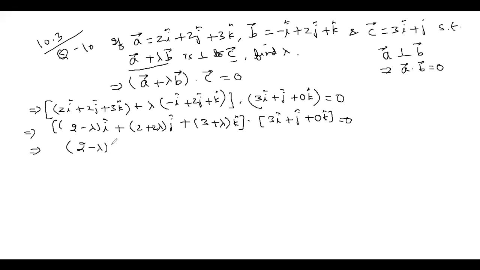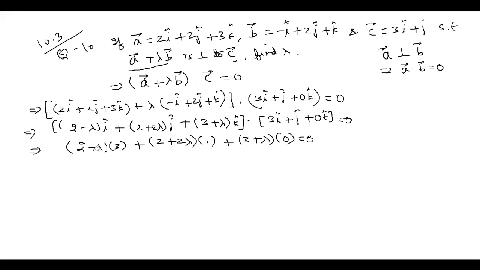So 2 minus lambda into 3, plus 2 plus 2 lambda into 1, plus 3 plus lambda into 0, that will become 0.